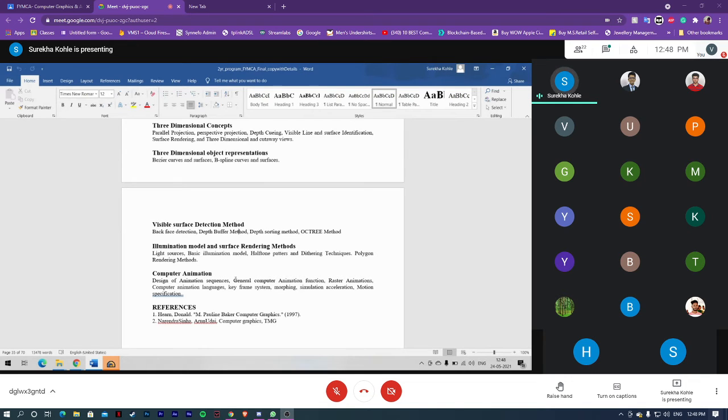And these are the algorithms which we will use in computer animation. How the animation is going on, or how a movie or video is captured and run, what is the method behind the animation, and how we will do the morphing.